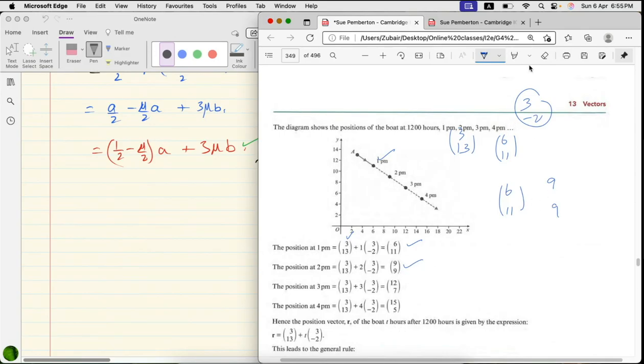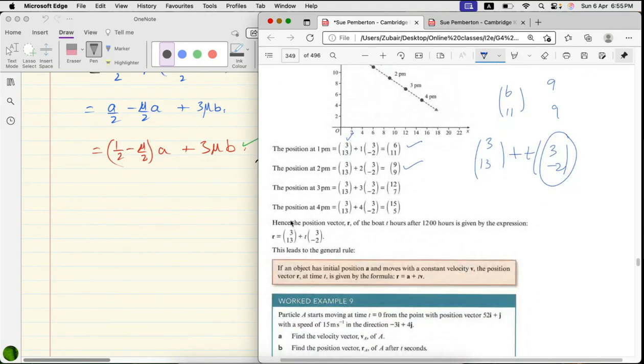So we would actually know that if the time is given, the starting point stays there plus time into 3 minus 2, because this is kilometers per hour. If it is for 2 hours, we'll multiply with 2 and then add. If it is for 7 hours, we'll multiply with 7 and then add.